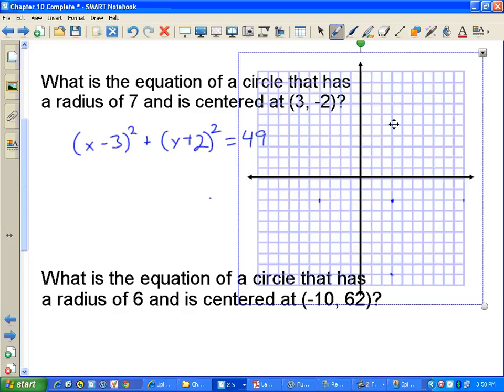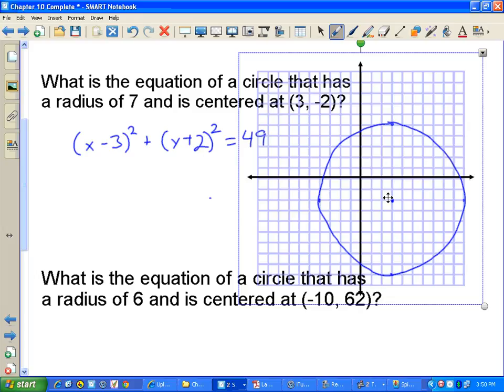Okay, and then we're just going to make a circle. Or we could use our compass tool and make it a little better. Okay, but that's how you would graph it.